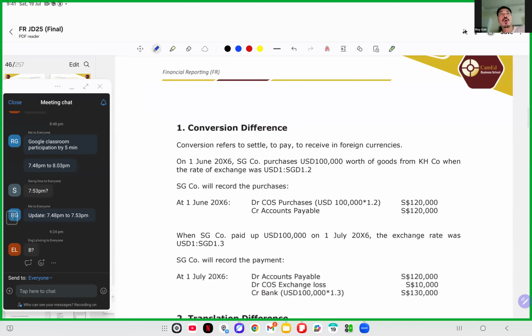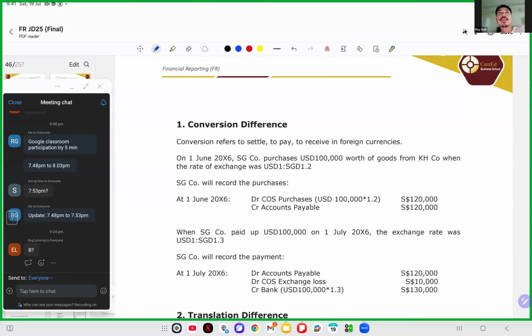Now, a little bit more. You call that conversion. You call it translation. Are they the same thing? No, they're not the same thing. But you don't really hear this anymore. To convert is to settle, is to receive. So at a workplace, you call this to settle, to realize.